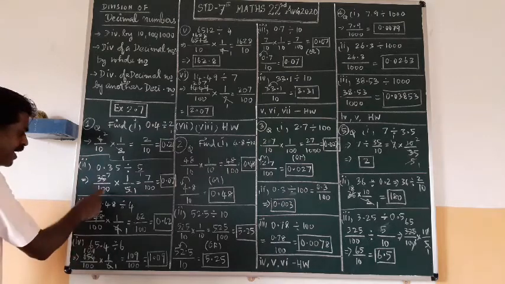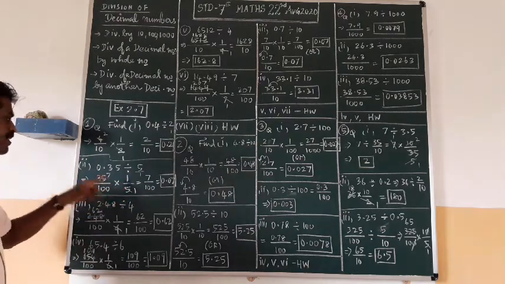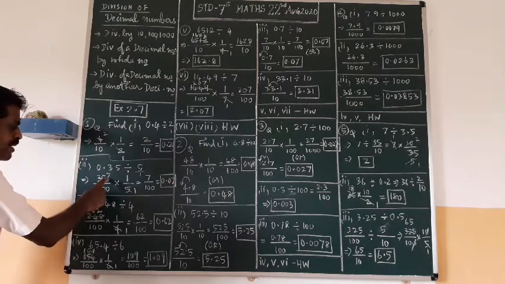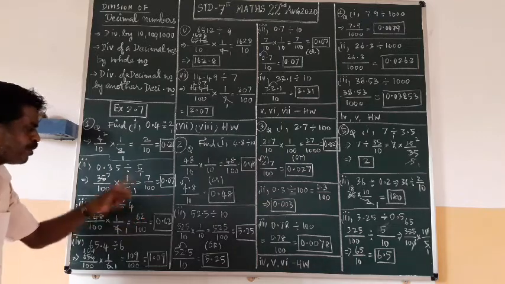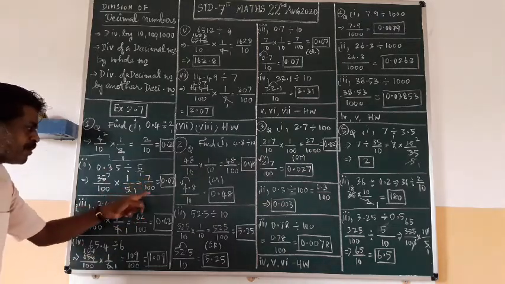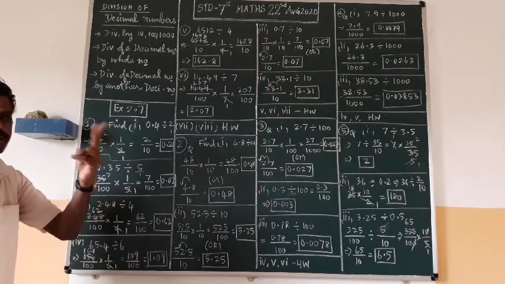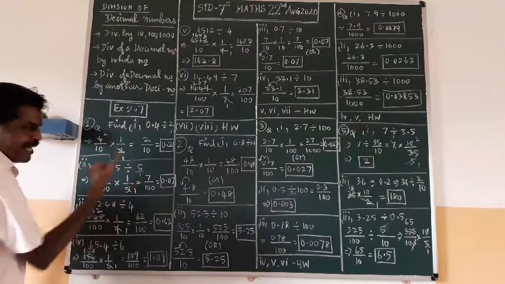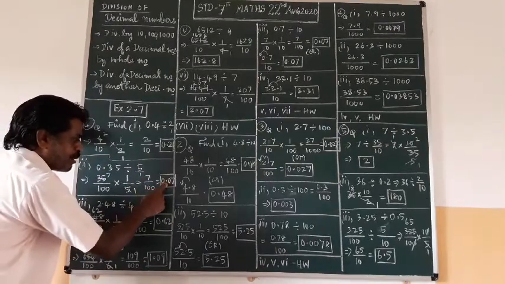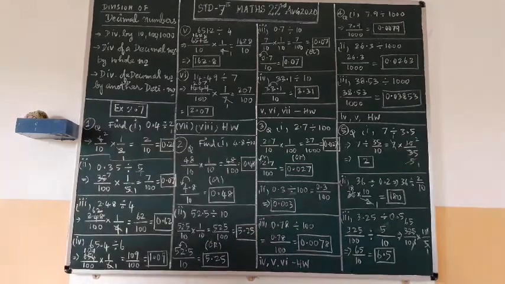Now 35 upon 100 into 1 upon 5. 5 divides 35 seven times, and 100 ones are 100. So 7 upon 100. There are 2 zeros, so there should be 2 digits after the decimal. I have only 1 digit, so put a 0 and then the point. So 0.07 is the answer, a 2-digit decimal.